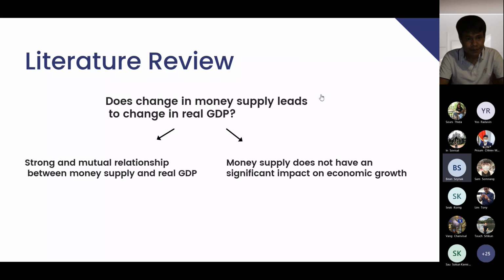However, studies that employ methods such as causality tests and error correction models can conflict with the previous studies and show that money supply does not have a significant impact on economic growth. Some research papers also look at how inflation rates, CPI, and interest rates impact GDP. So I would like to give the floor to Diane.